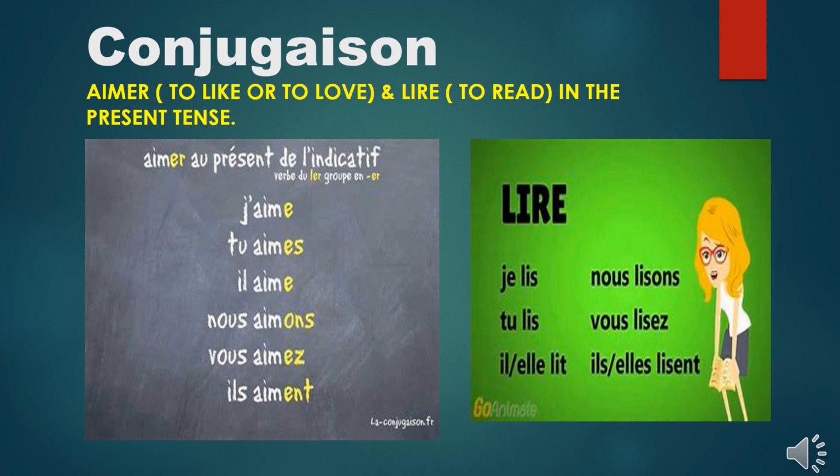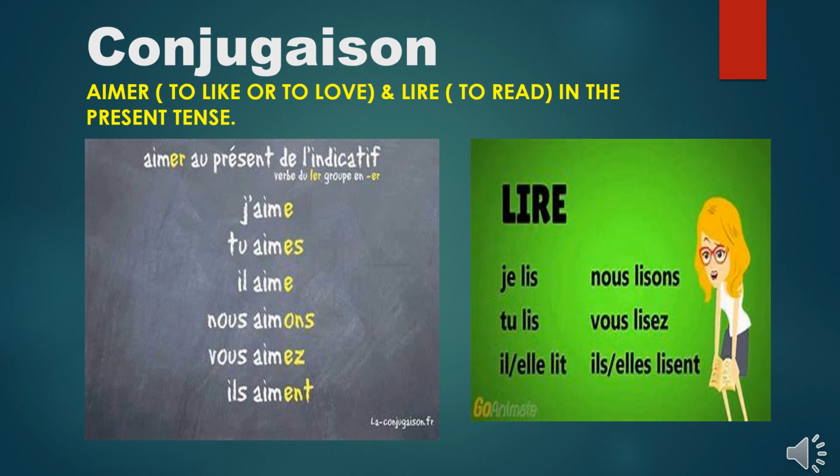Since we conjugated a verb that ends with er, which was the verb jouer, we said normally you will remove the r and it remains the e for the first person singular. So you'll have j'aime. Repeat after me, j'aime.